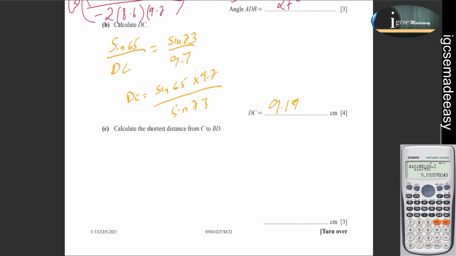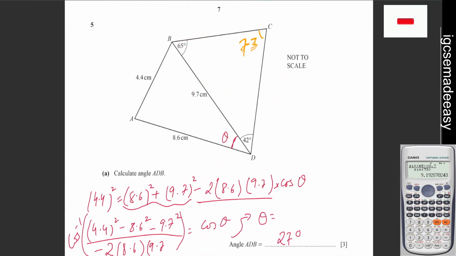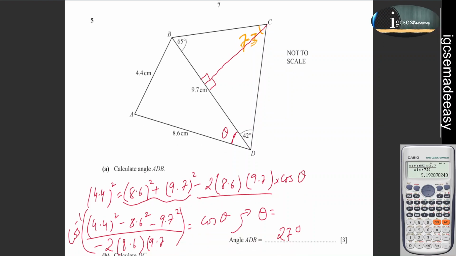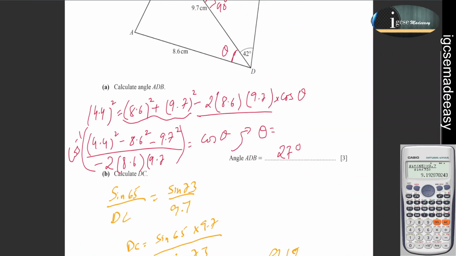Part C, calculate the shortest distance between C to BD. The shortest distance will always be the 90° perpendicular. So this will be 90°, and again we can use the sine rule.